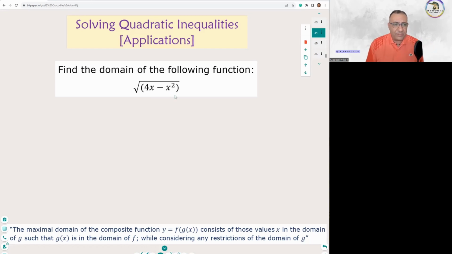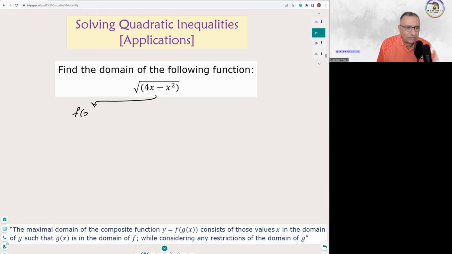We can rewrite this function as two functions chained together. Let's say the parent function f of x is the square root of x, and another function chained or composite with f of x, let's say g of x, is 4x minus x squared.